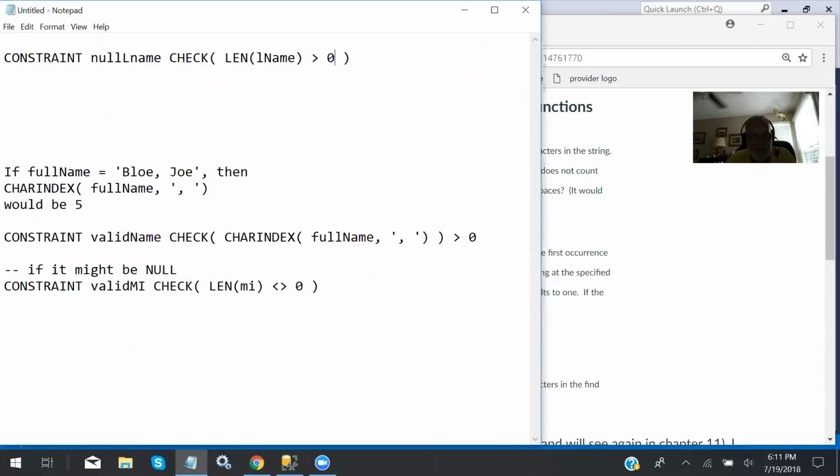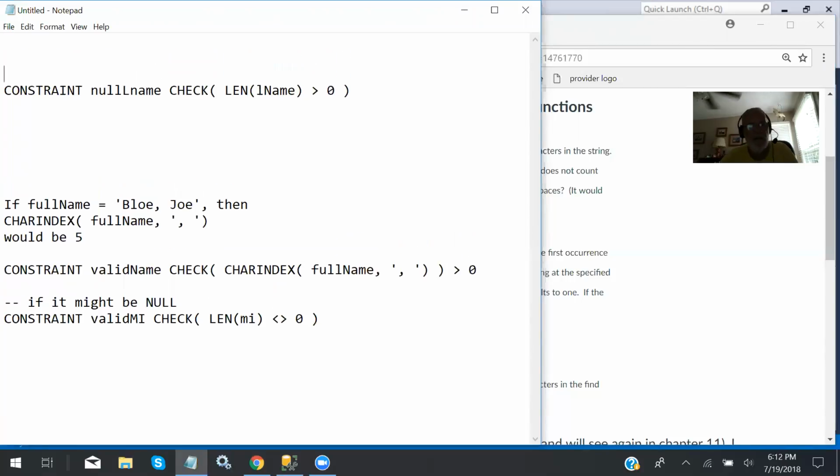Questions? Well, when you say space IBM, does that mean we hit the space bar 3 times before typing IBM? Yes, for example, let's say L name gets quote space space space.